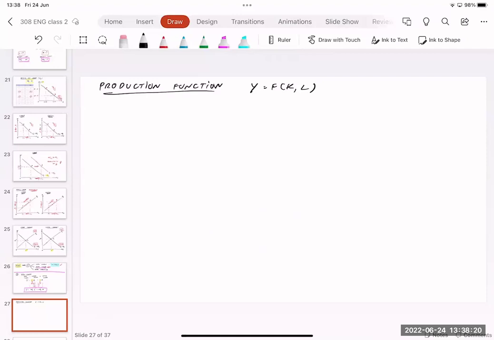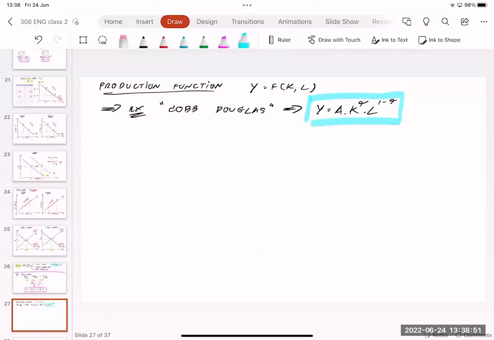Right now, I'm going to give you an example. If the production function is the Cobb-Douglas equation, it's going to look like this: Y equals A multiplied by K to the power of alpha multiplied by L to the power of 1 minus alpha. This is what we call the Cobb-Douglas production function.